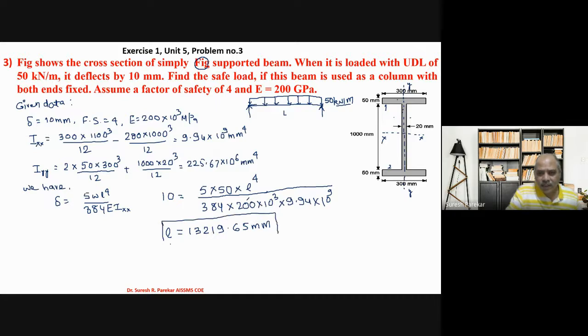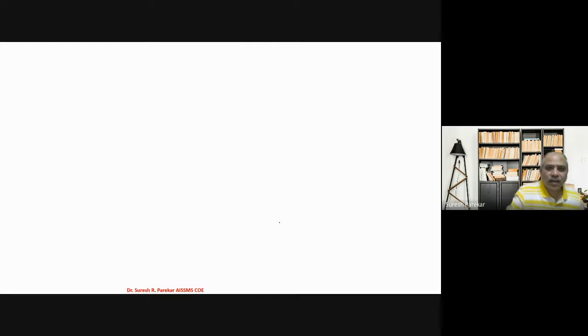By using this span, we are in a position to calculate the value of safe load. Now we will go with PE equal to pi square EI minimum upon L effective square.